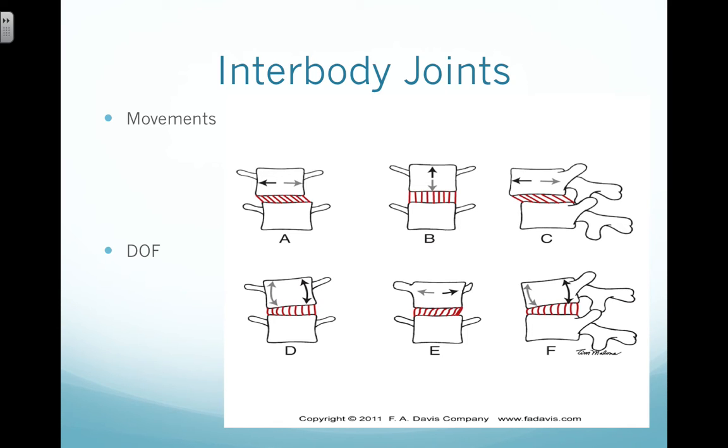It's cool to see that the tilt can happen in the anterior and posterior direction, and also in the lateral direction. We also look at how combos happen with slide, tilt, compression, and distraction, leading us to see that there are actually 6 degrees of freedom that can occur in the interbody joints.